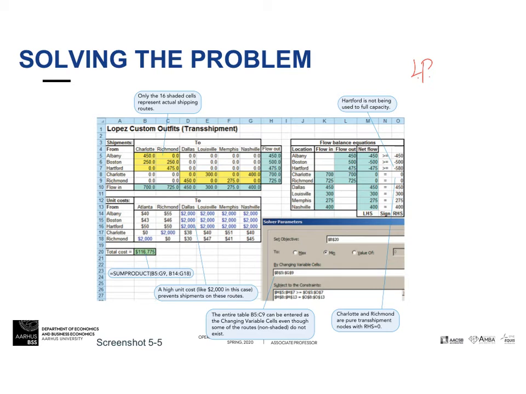Here I just briefly mention, because the objective function is defined by summing up the decision variables table values and the unit costs, that's why they add artificial large values to prevent shipment from indirect routes.